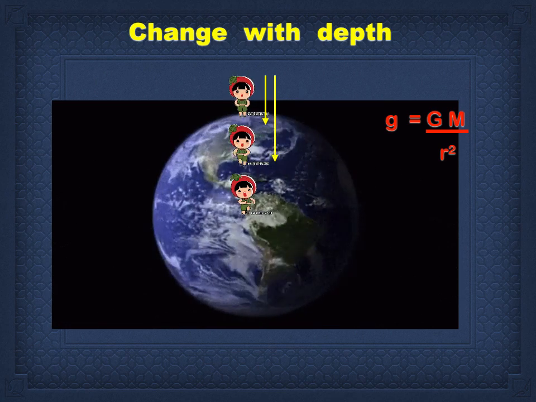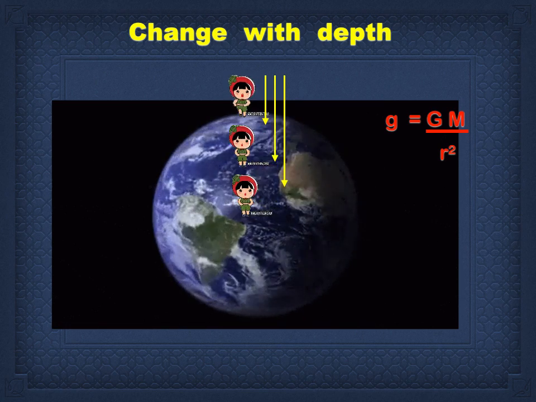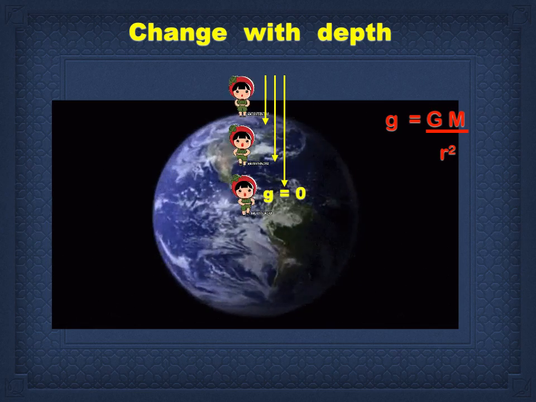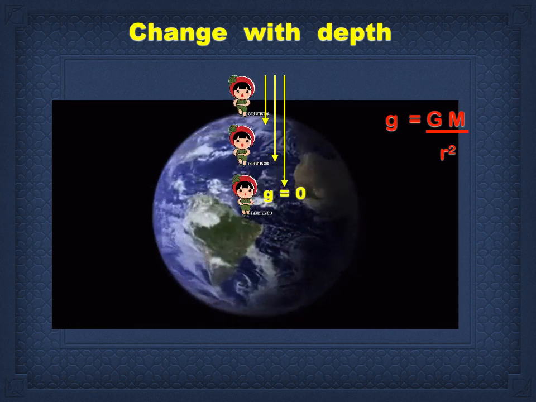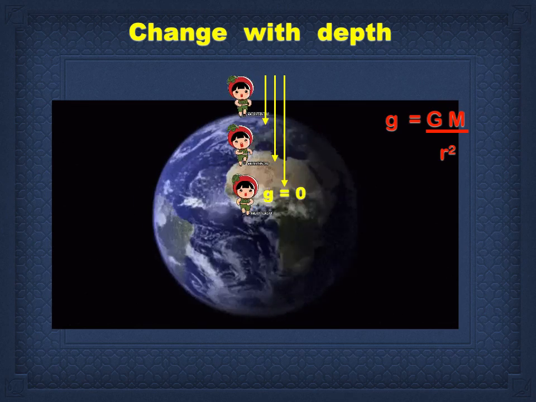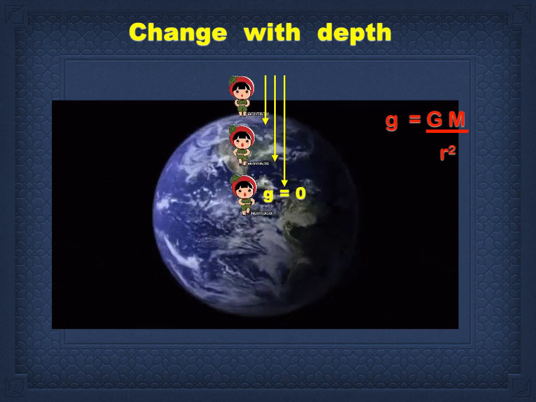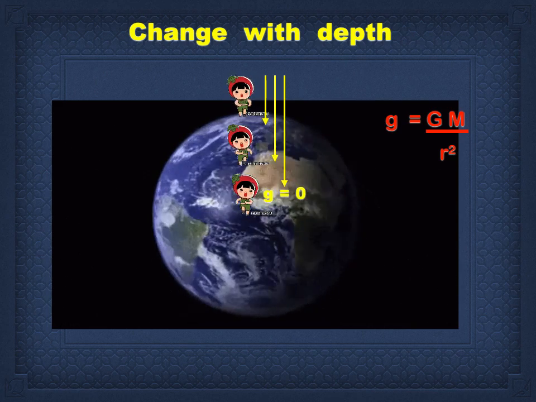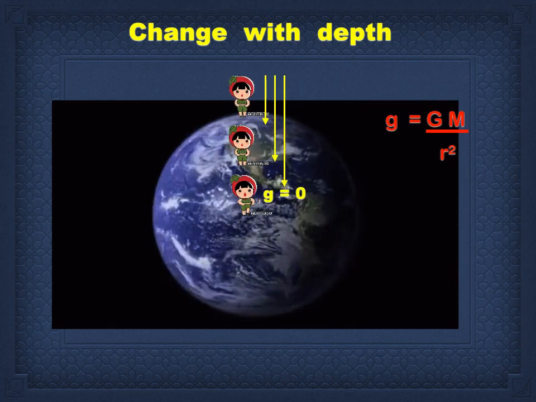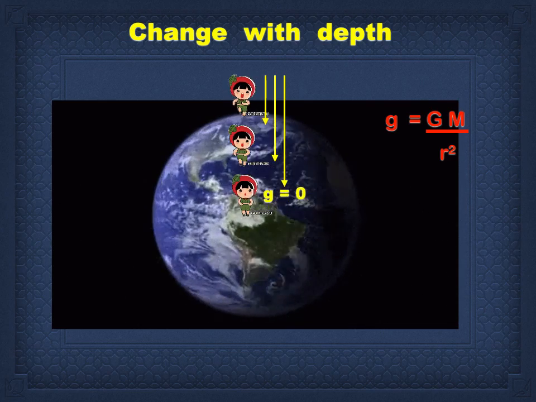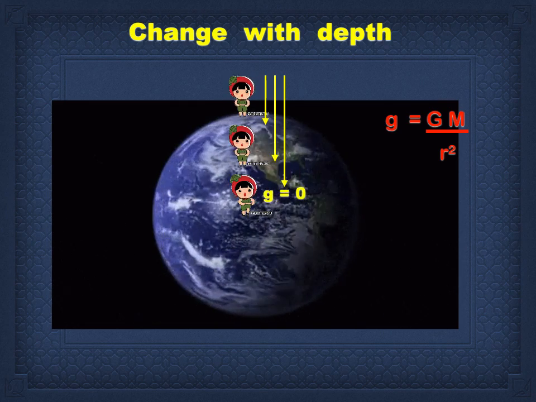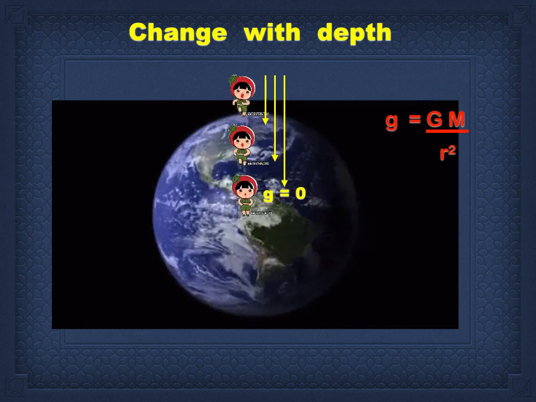So you can see, as a result, when the girl reaches the center of the Earth, the value of g is equal to 0. That is, we can say that the value of g, with the combined result of changes in R and M, decreases as we go deep inside the Earth. So the value of g at the center of the Earth is 0.